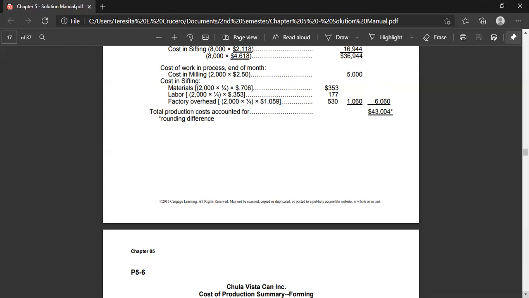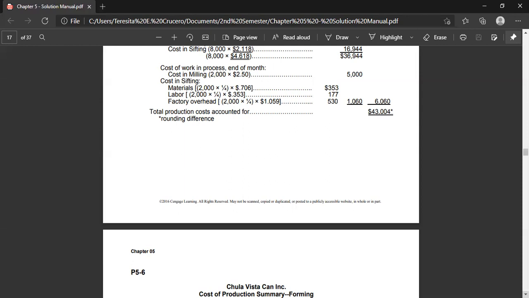Production cost in forming during the month were materials, labor, and factory overhead. And of the 15,000 units transferred, 12,000 units were transferred. Okay, so in number 6, prepare a cost production summary for forming for the month of May.